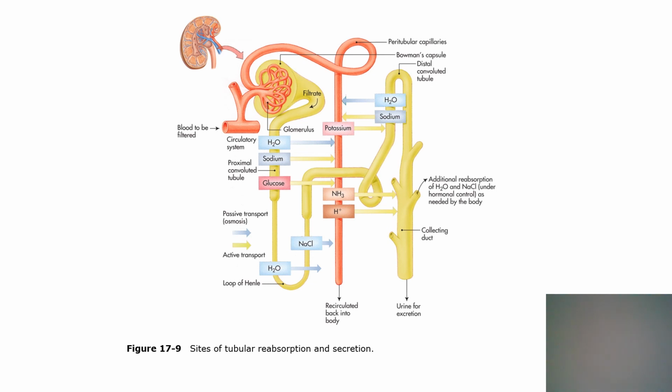You don't have to memorize that because, again, it's very selective. Things are being reabsorbed here, there, all the way through this beautiful, colorful process of the filtration, reabsorption, and secretion with the blood vessels as well.